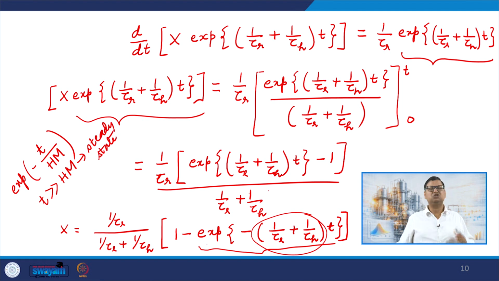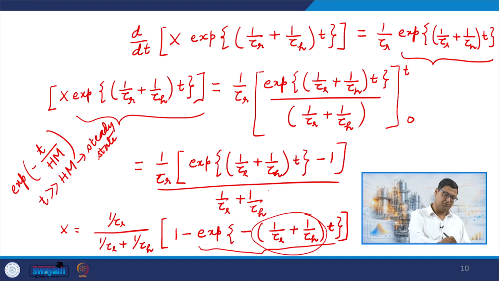So, clearly steady state is only an approximation. We do not have a true steady state, but once this condition is met, we have close to a steady state. And as you know, the harmonic mean is closer to the lower value. So, whichever is the lower value among tau_r and tau_h will pretty much dictate when the steady state is going to be true.